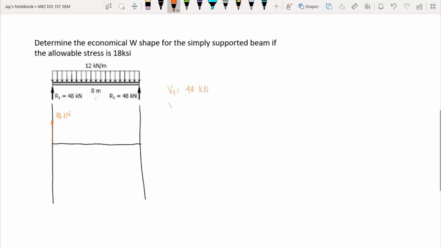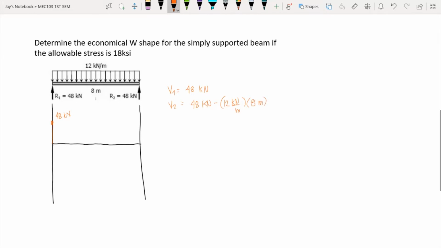Then we compute for shear 2, which is at the right support, since we do not have any discontinuity within the beam, so we go directly to the right support. So our V2 here is the initial shear, which is 48 kilonewton, minus the area of our load diagram, which is 12 kilonewton per meter multiplied by the length, which is 8 meters.